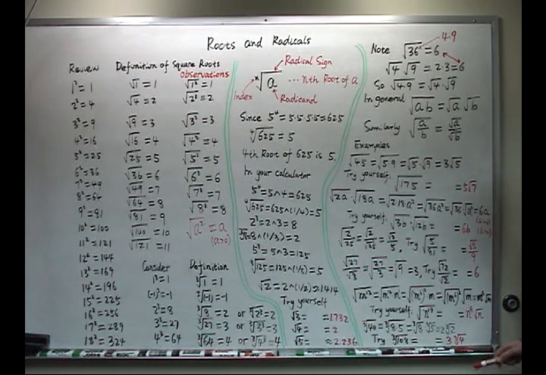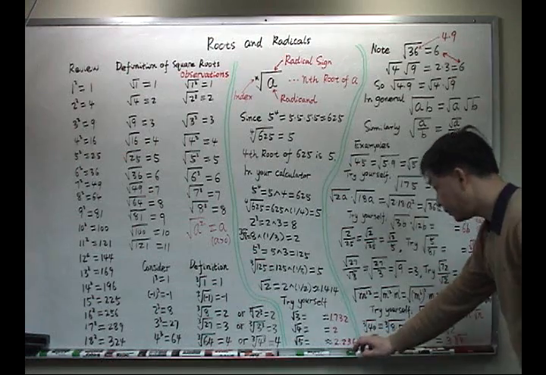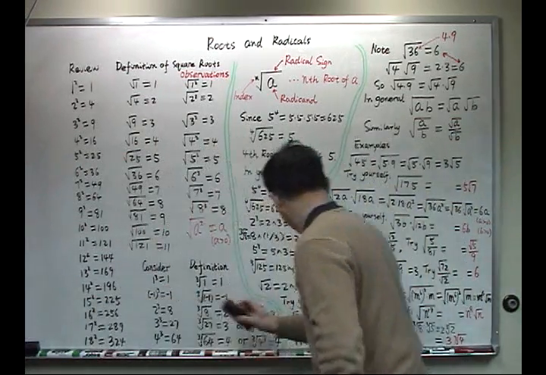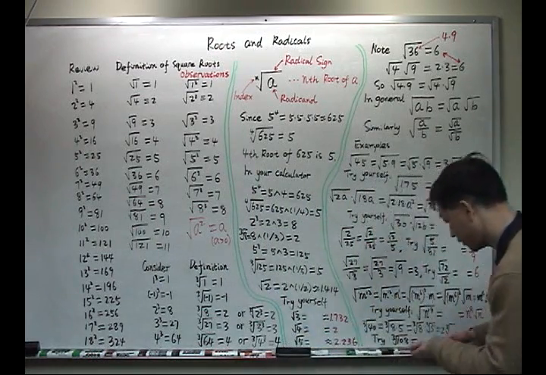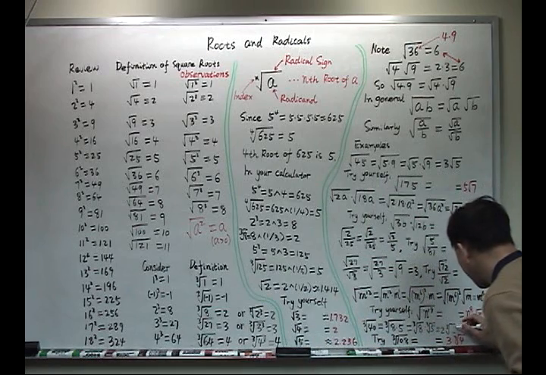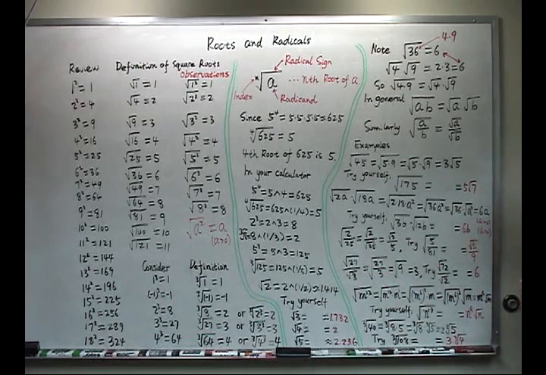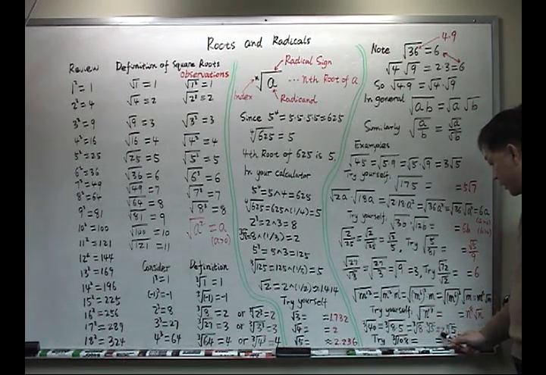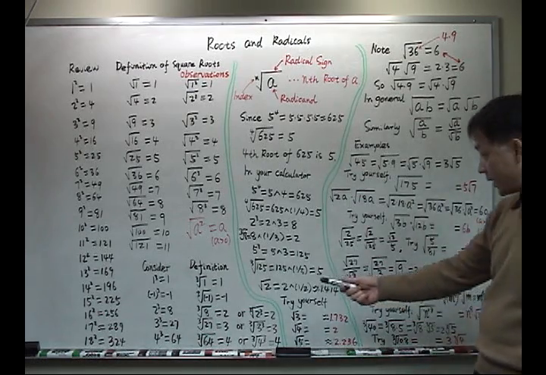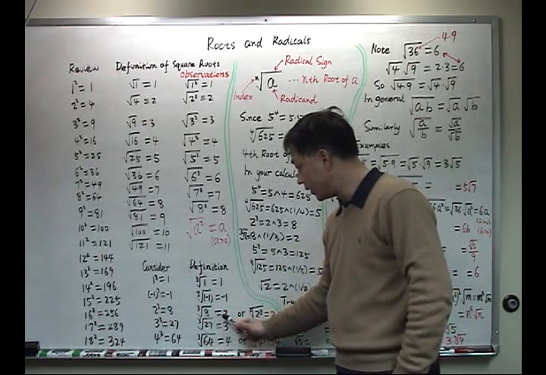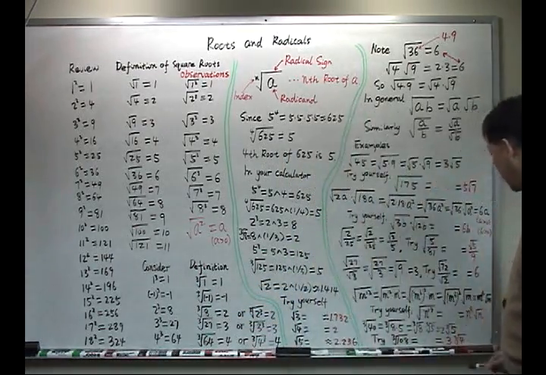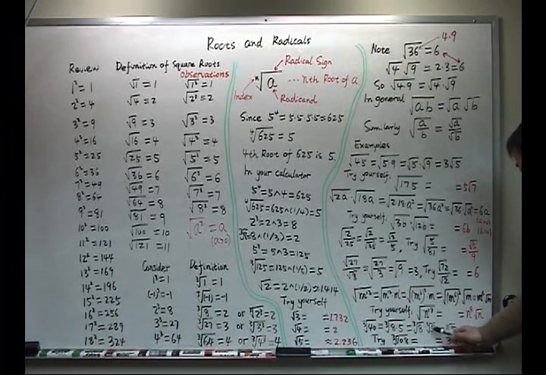We have a cube root of 5. We cannot do anything, so we just keep it as cube root of 5. Now, we know cube root of 8 is 2. Why? You see right here, 2 cubed is 8, then by definition, cube root of 8 is 2. Cube root of 5, we cannot do anything, we keep it.